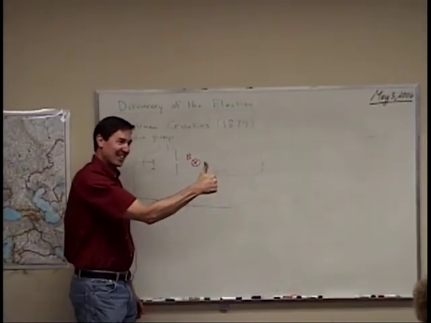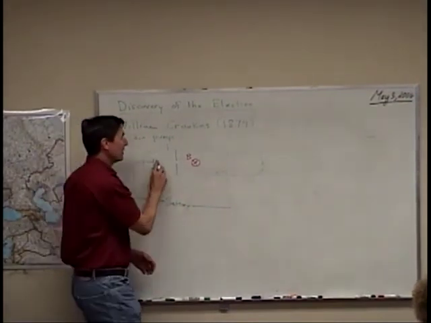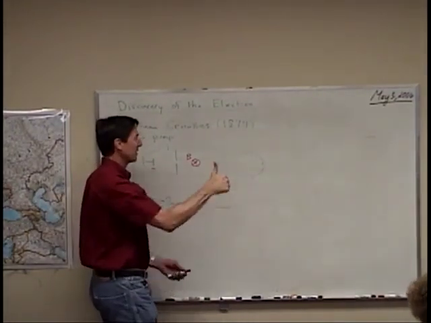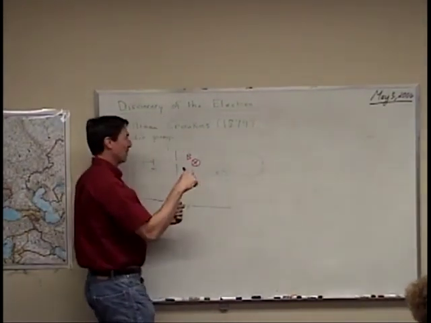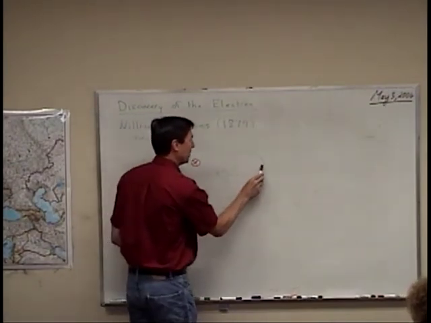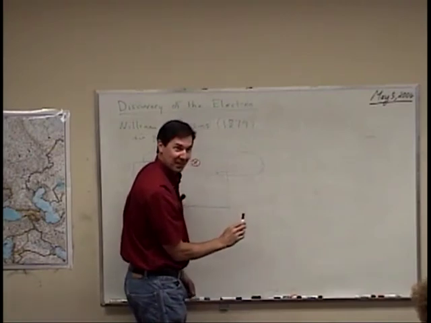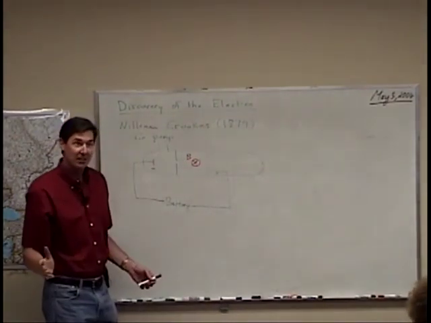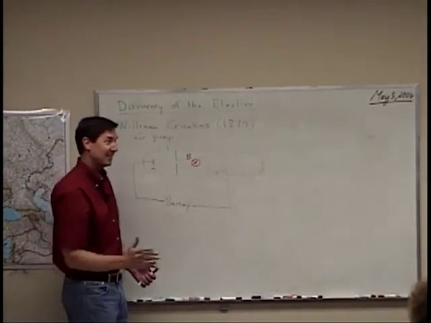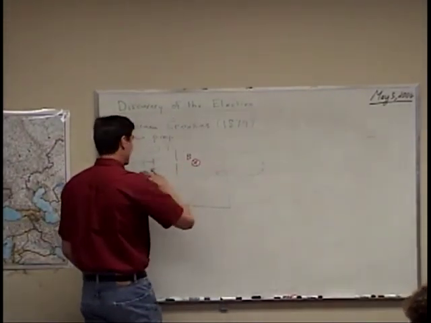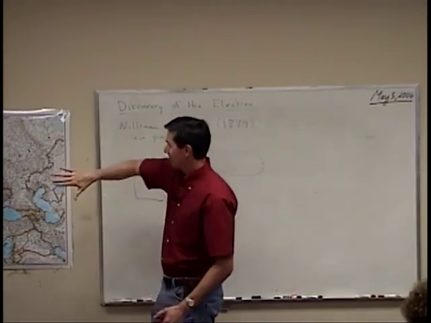Right. So if it's positive charges flying down this tube, you would expect that when he holds his magnet up to it, the beam is going to hit the top of the tube. Negative charges, it's the other way, because that's like a current going in this direction.